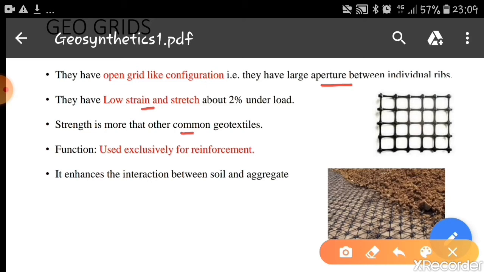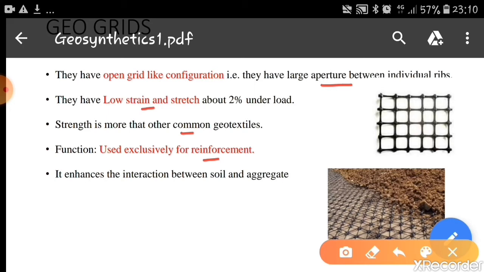So their function is used extensively as reinforcement. Wherever we want to increase the strength of the soil, that is in the case of embankments or retaining walls where a large volume of soil is filled, these geogrids are used as reinforcement barriers.